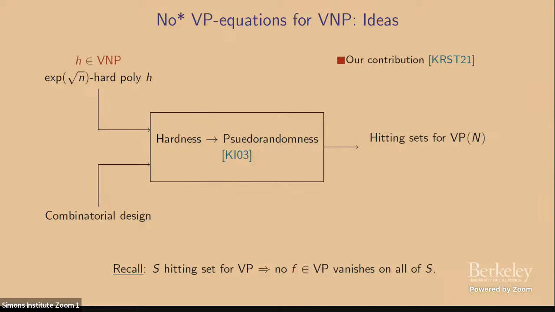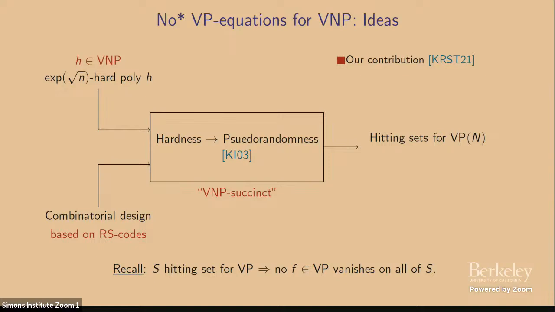So now here is what we do. We observe the following. If this exponentially hard polynomial also happens to be in VNP, and if you are careful about your choice of combinatorial design, in particular if the design is based on Reed-Solomon codes, then this entire machinery, the computation, somehow becomes VNP succinct, for whatever that means.